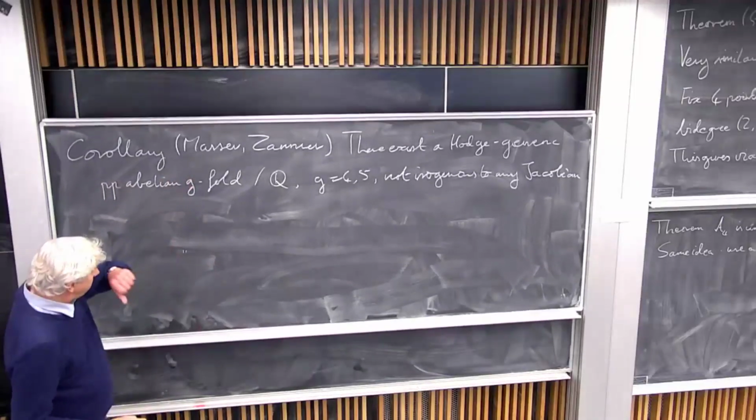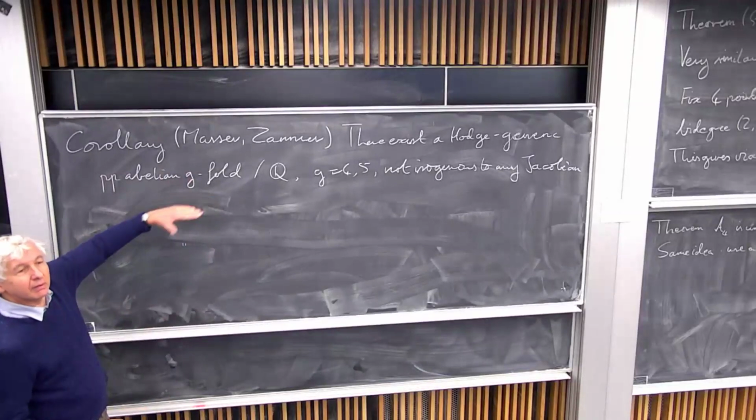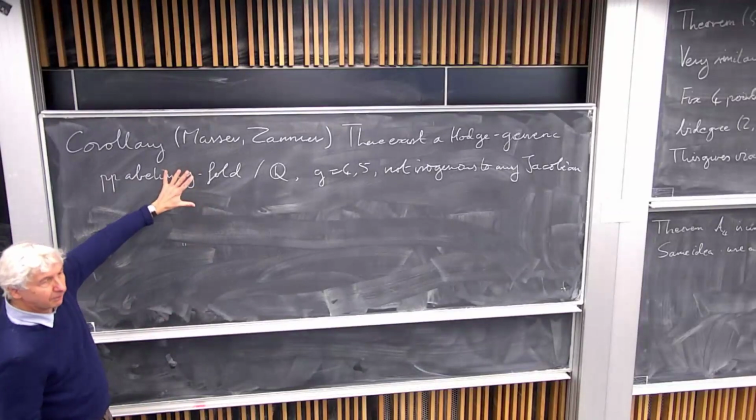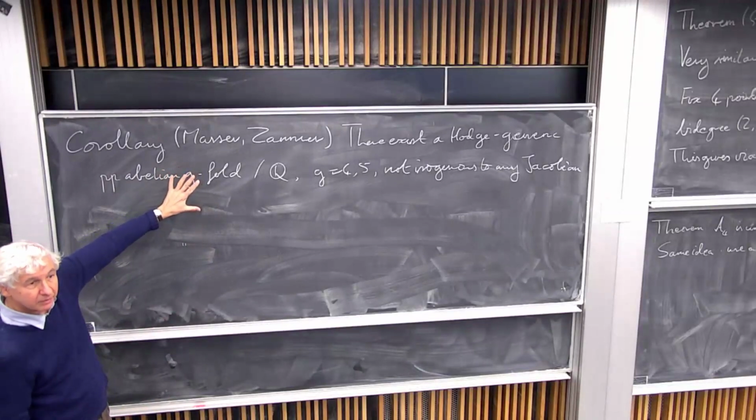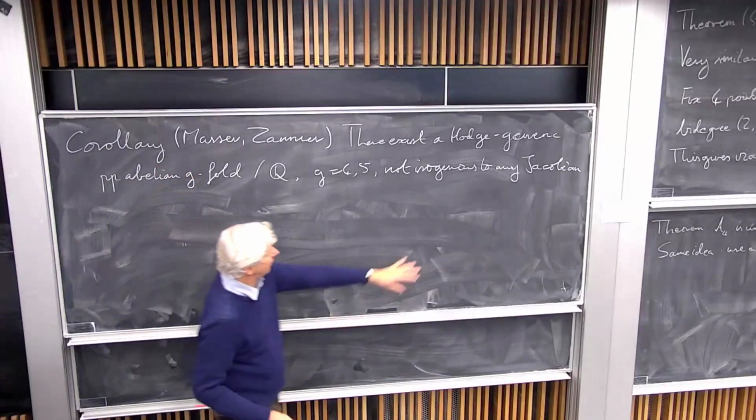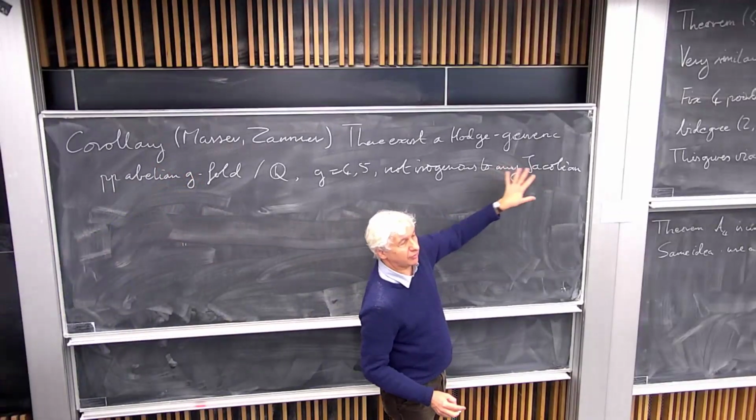So what happened was they wrote this in a paper of theirs as a conditional statement. This is a special case of a stronger statement, and not being isogenous to any Jacobian is not particularly the point.